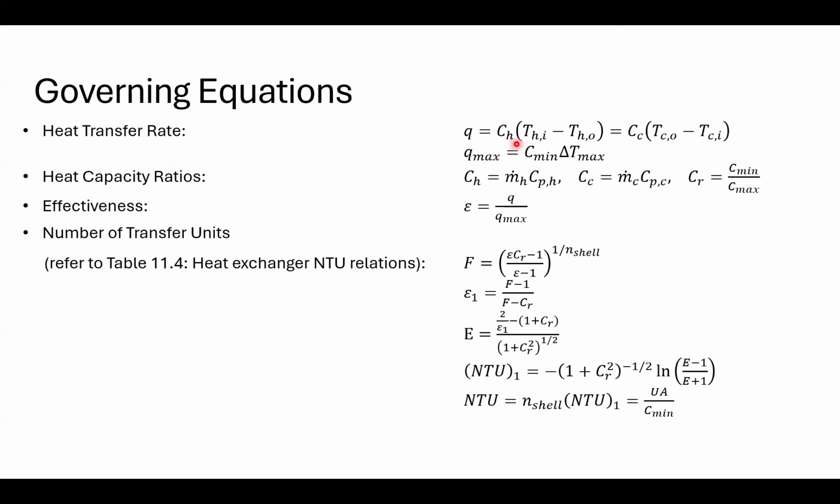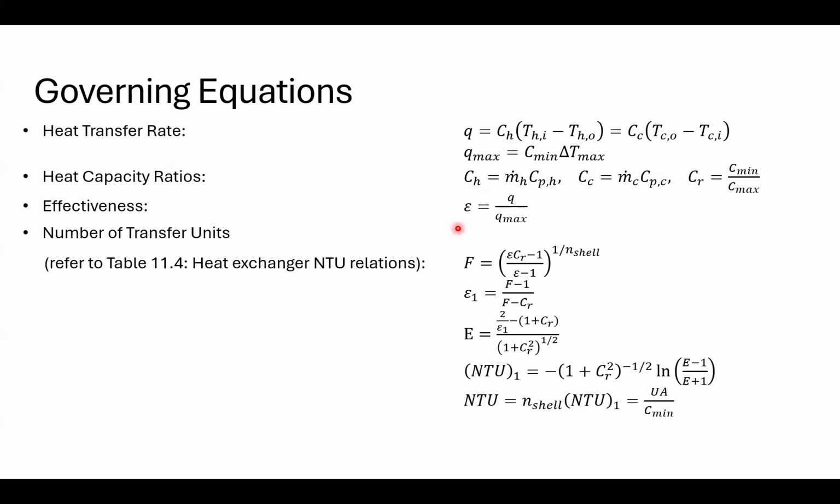We have the heat capacity terms, where this C_H is equal to the mass flow rate of the hot fluid times the specific heat of the hot fluid. And this C_C term is equal to the mass flow rate of the cold fluid times the specific heat of the cold fluid. There's this ratio as well, where you have the minimum heat capacity divided by the maximum heat capacity. And that'll be important in the problem.